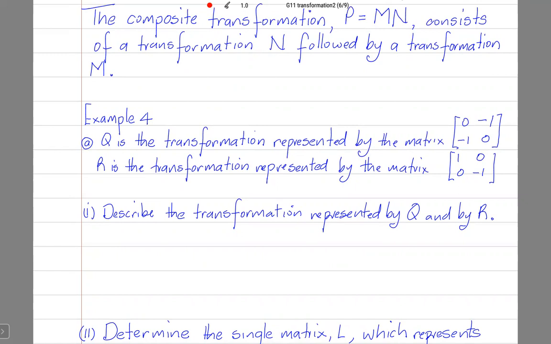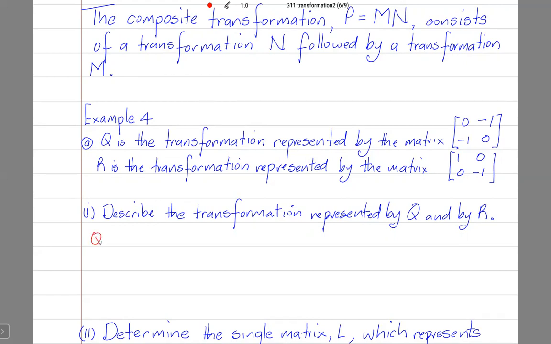And I think I have it down. It says R is the transformation represented by the matrix 1, 0, 0, -1. I think I know what that one is as well. So we're asked to describe the transformation represented by Q and R.